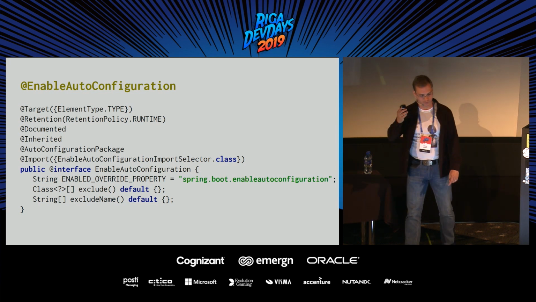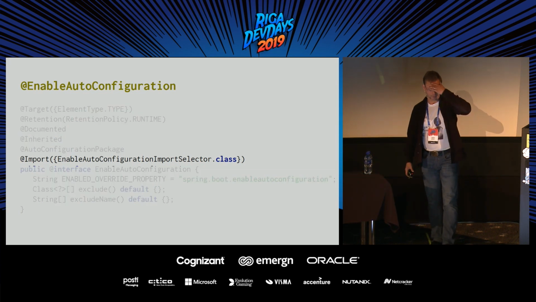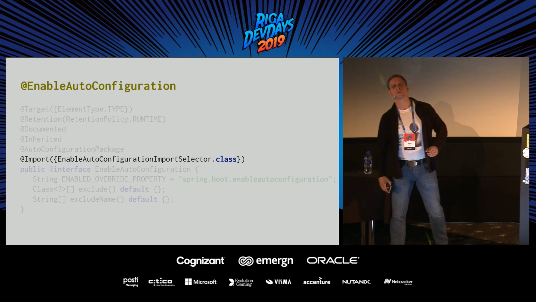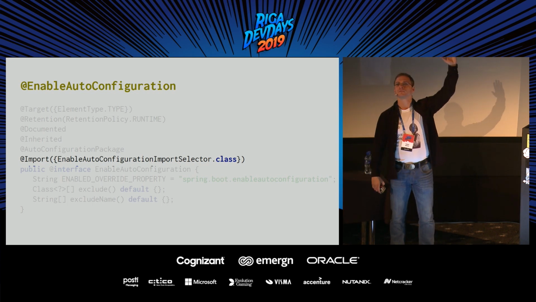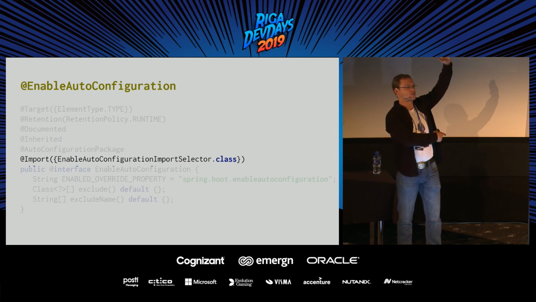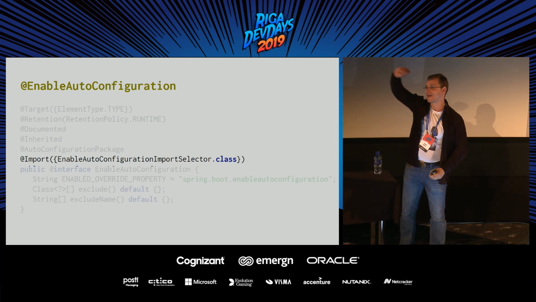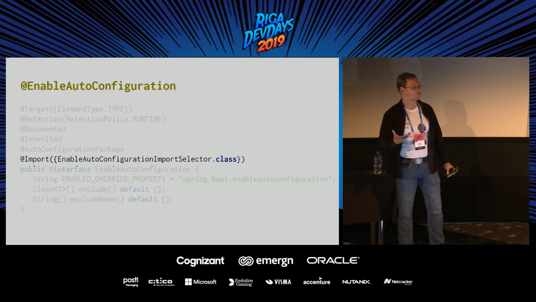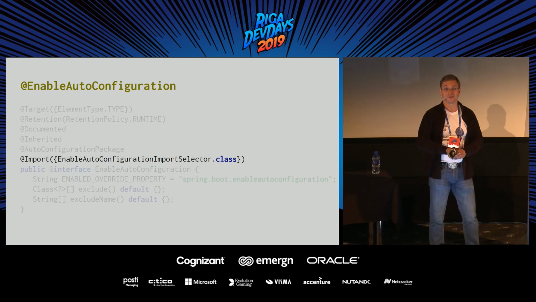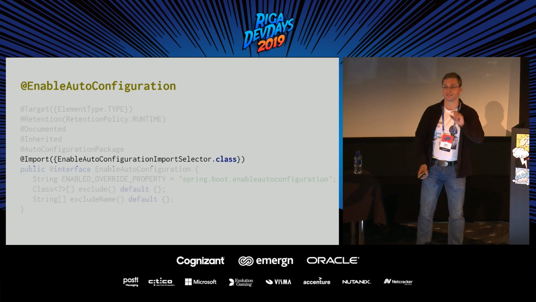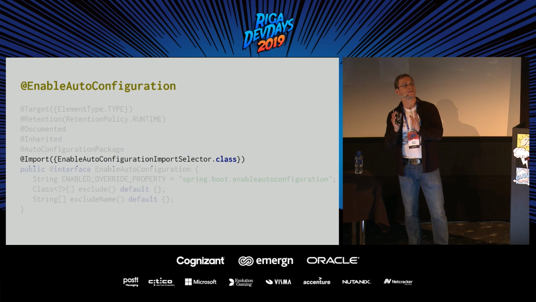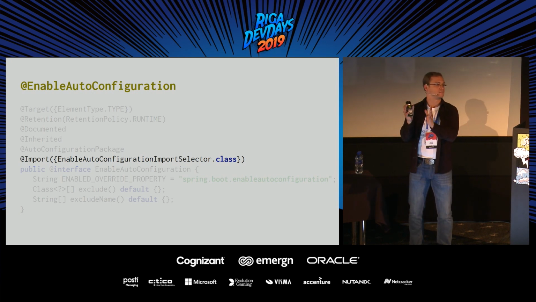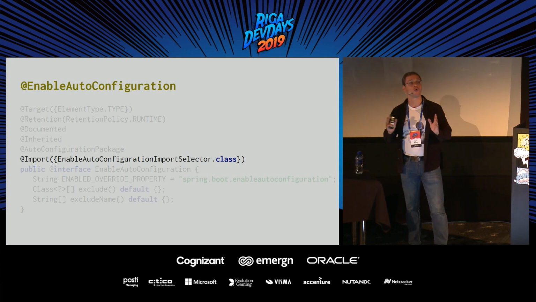Let's talk a little bit about EnableAutoConfigurationImportSelector. Are you familiar with the @Import annotation? You're already familiar with it, because I showed you that you can just use @Import and the configuration will be loaded. Many years ago, I thought that the @Import annotation always takes a parameter which is the class of the configuration, and this is the only option.